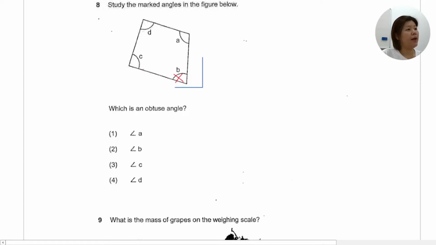Next, my C is an acute angle also. My D is also acute because it's less than 90. And my A will be the correct option.